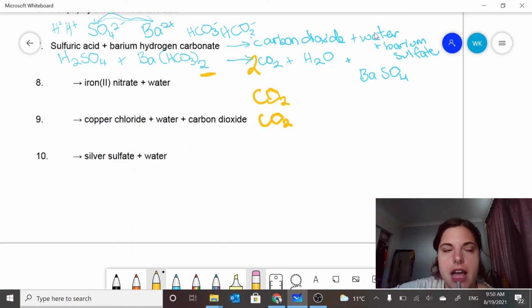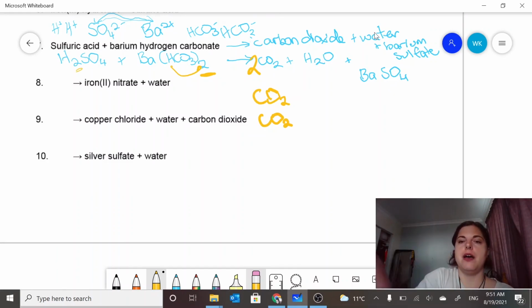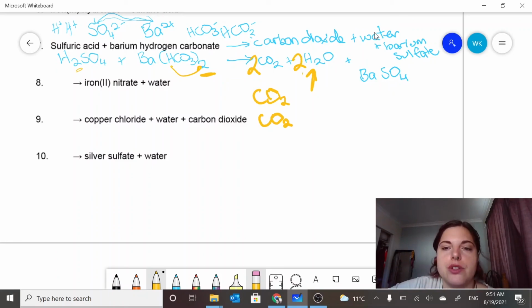Now if we have a look at our hydrogens as well, we've got 2 hydrogens plus 2, so in total we've got 4, but we only have 2 hydrogens on this side. So we're going to have to add a 2 in front of our water. So now we've got 2 times 2 is 4. We've got 4 on each side now. So I'll draw those in. That means we have 2 times 2 oxygens, which is 4, plus 2.